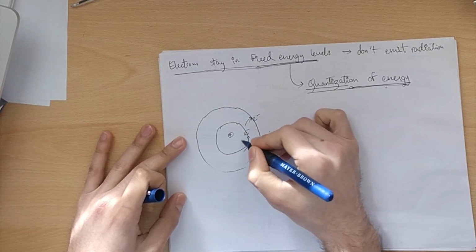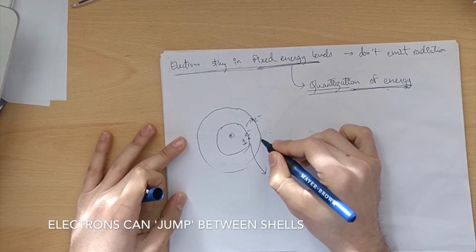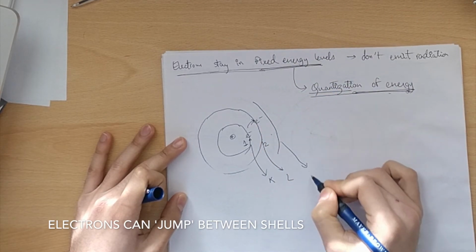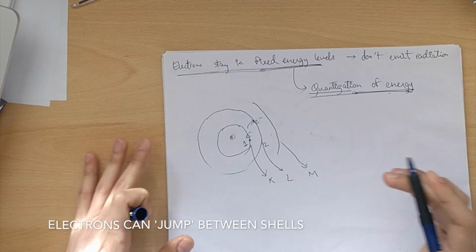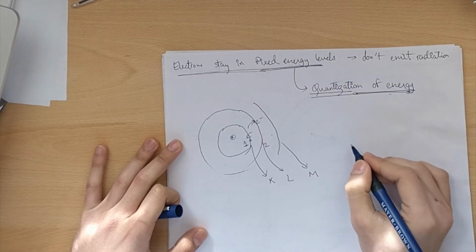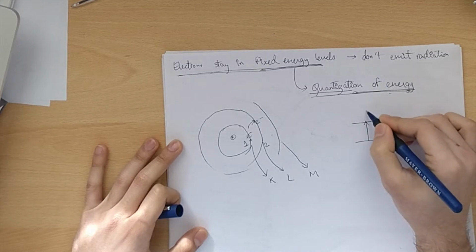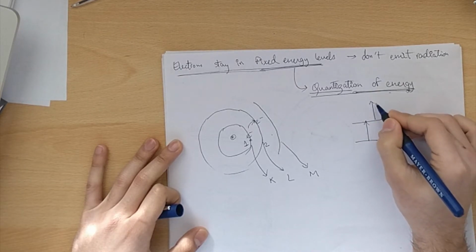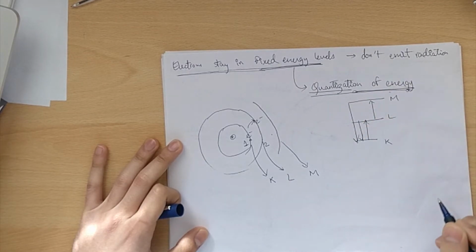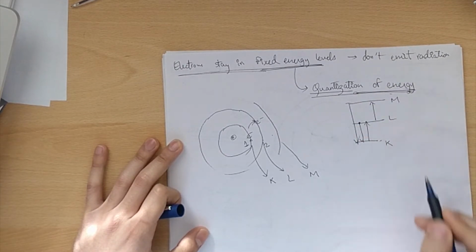If it's in, let's say, shell 1, which is also known as K, by the way, just some nomenclature, the shells are also labeled by letters K, L, M, N, or 1, 2, 3, 4. So electrons can jump between shells, or between energy levels. An electron in shell K can go to shell L. An electron in shell L can jump to shell M. It can also come back down like that. An electron in shell L can come to shell K. An electron in shell M can come to shell K.